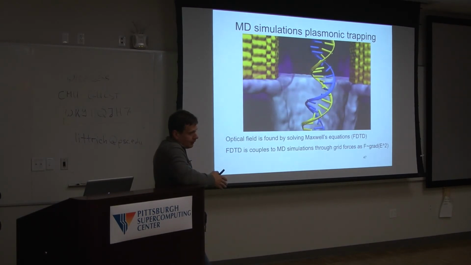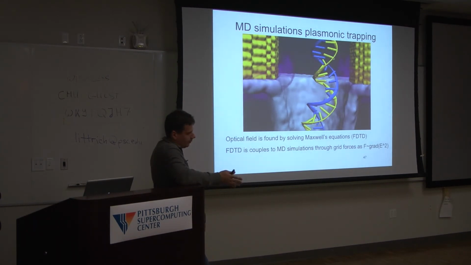So you can define an arbitrary potential and apply that potential to any subset of atoms in a molecular dynamics simulation. And that's what we use. It's very useful if you have a multi-scale or multi-physics problem where you solve one kind of physics equation to get a field and then apply it to your all-atom simulation.